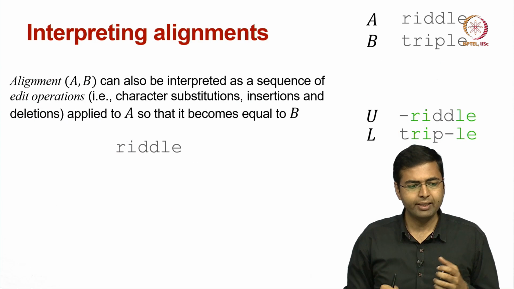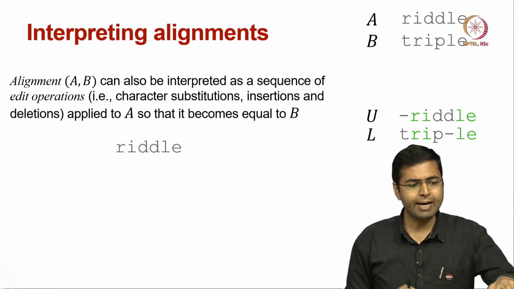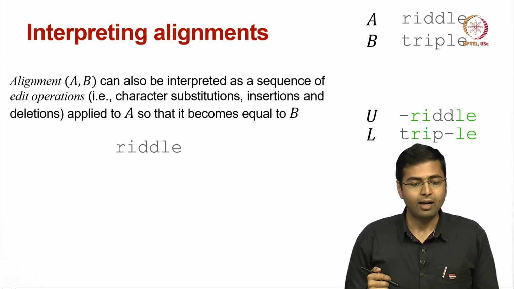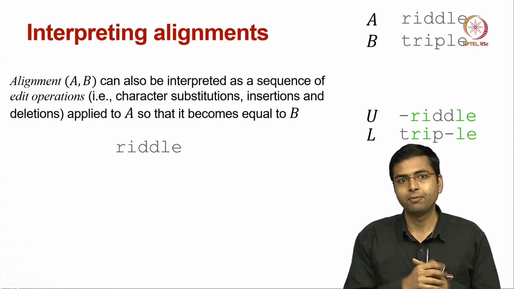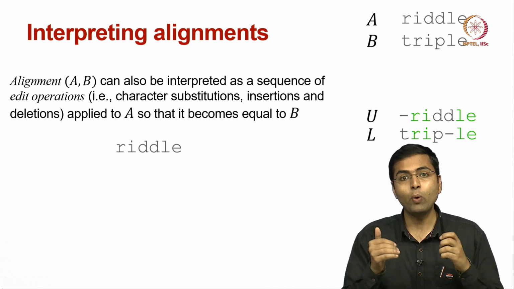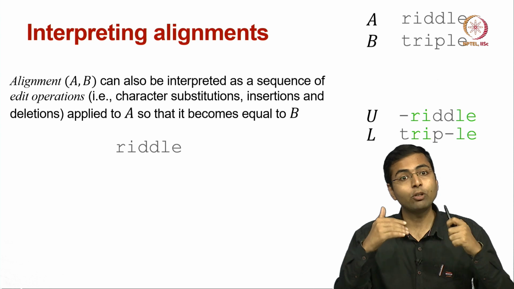Okay. So, given this alignment cost there is also one more way to interpret alignments. An alignment of A and B can also be interpreted as a sequence of edit operations. For example, given this example on the right hand side where you see the sequences U and L, I can interpret it as a sequence of edit operations.